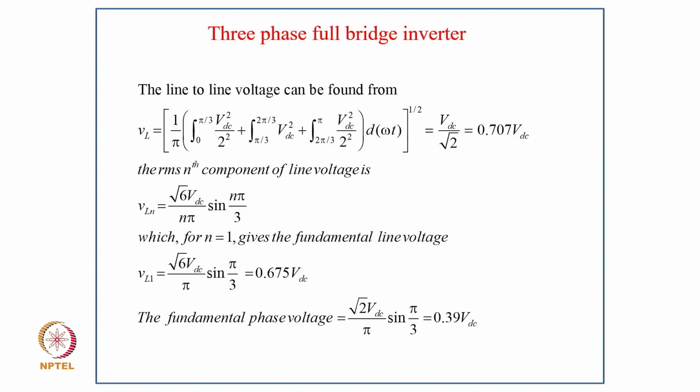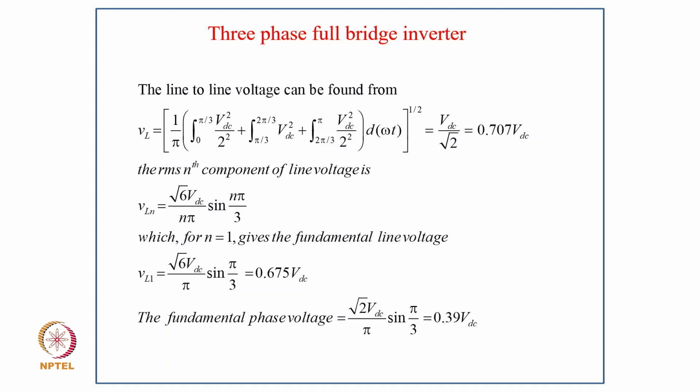So coming to the line voltage, it can be found out: VL equal to in bracket 1 by pi, further bracket, integral 0 to pi by 3 of VDC square by 2 square, and pi by 3 to 2 pi by 3 of VDC square, plus 2 pi by 3 to pi, that is VDC square by 2 square, into d omega t, square root of all, that becomes VDC under root 2, that is 0.707 VDC.